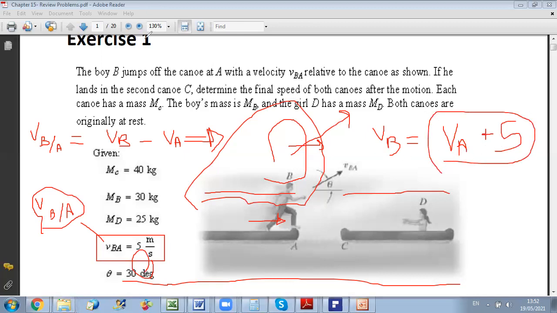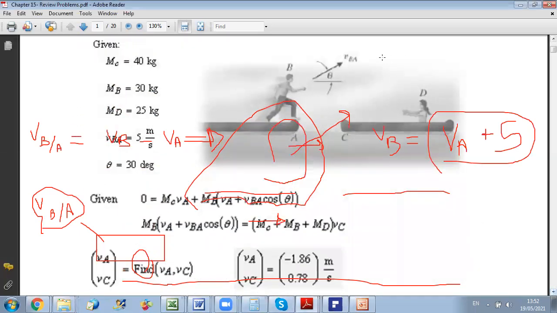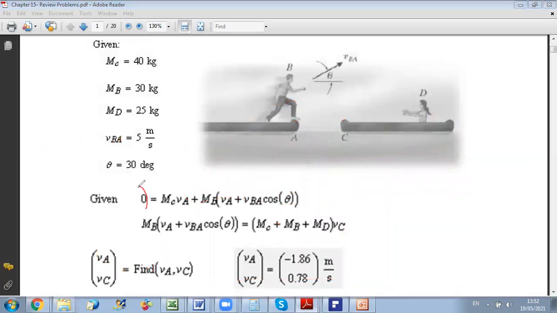Okay, so now when I write the conservation of linear momentum, initially the system is at rest, so both were zero, so initial momentum is 0. Final momentum after the jump: for the small boat I have velocity VA to calculate, so it's M boat times VA plus MB times VB.